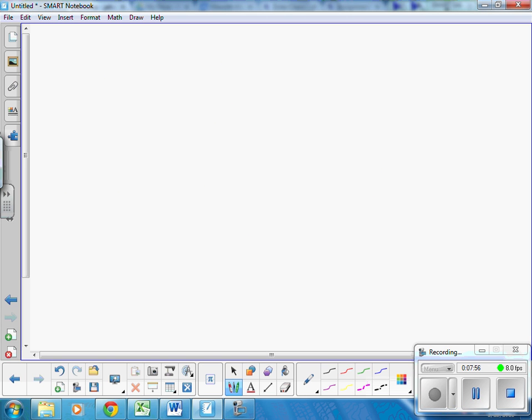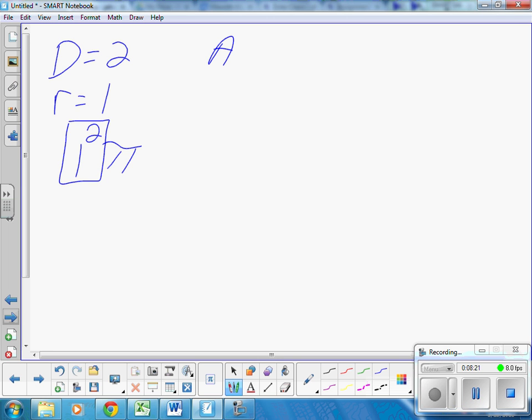Next, and I believe the last one, is when the diameter is equal to 2, we need to figure out what the area is. So if the diameter is 2, I need the radius. So the radius is equal to 1. We have to have 2 radiuses to get 1 diameter. 1 squared pi, because it's pi r squared.